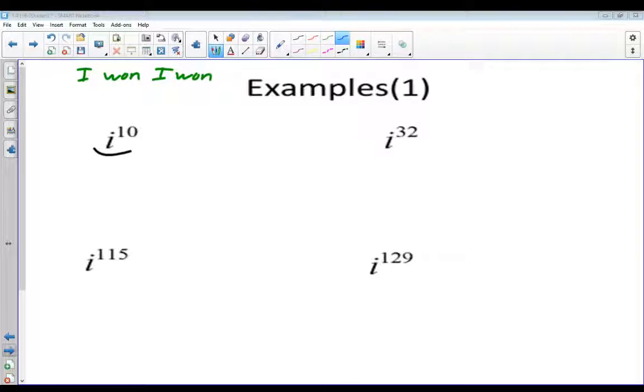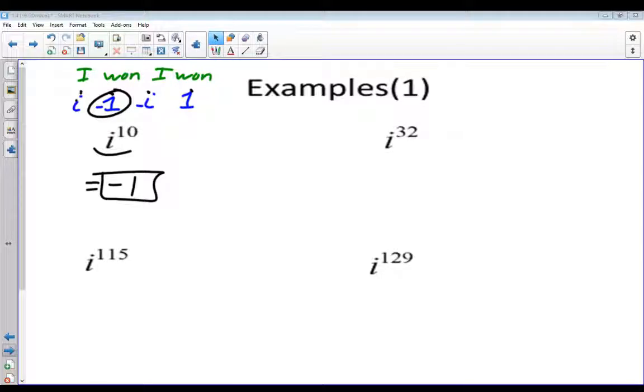Rewrite the numbers, make the middle ones negative, then literally you can just count: 1, 2, 3, 4, 5, 6, 7, 8, 9, 10. Which means i to the 10th has to be -1. Done. Piece of cake.